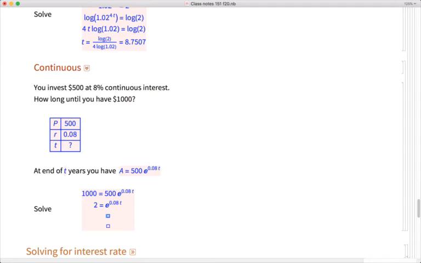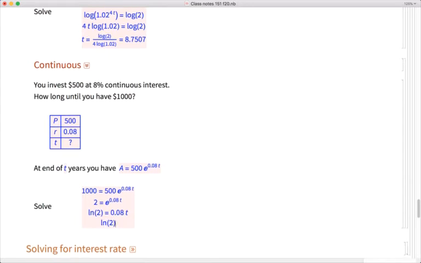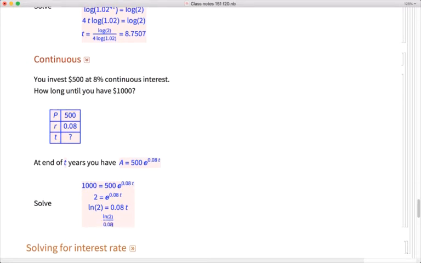And speaking of natural, because our exponential is the base e, the natural exponential, it makes sense to take the natural log of both sides here. And then finally we can solve for the t. Natural log 2 divided by 0.08 is our value for t.